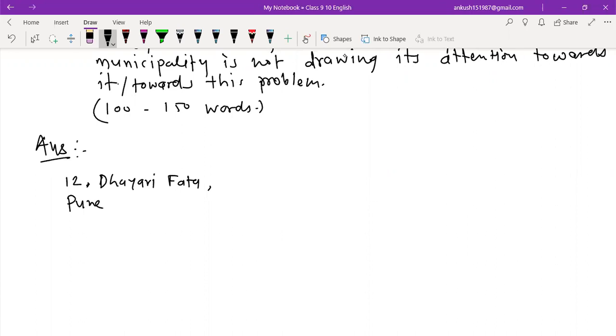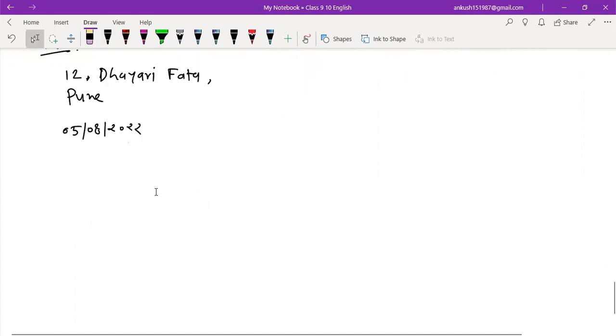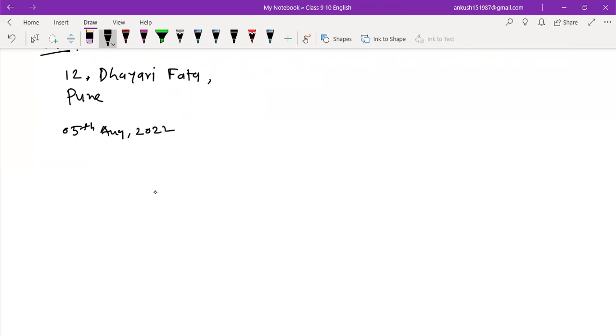Date. What is the date today? Today is 5th August. Sir, 5th August 2020. But this isn't the format, right? If you don't want to write in this format, you may write in that as well. Sir, for the board exams, the teachers told us this is the correct way.